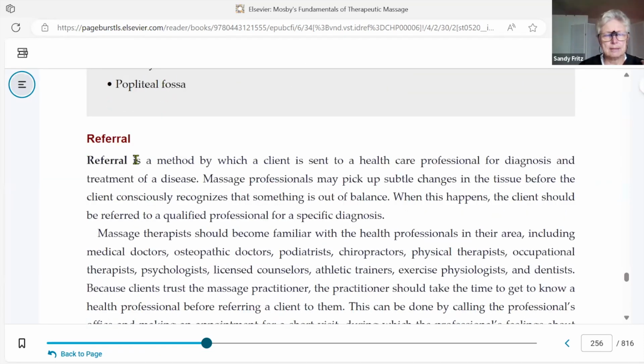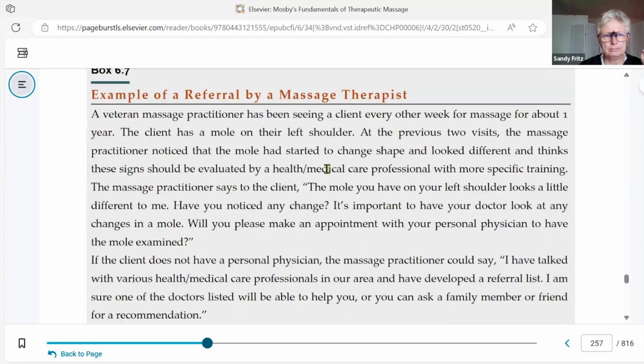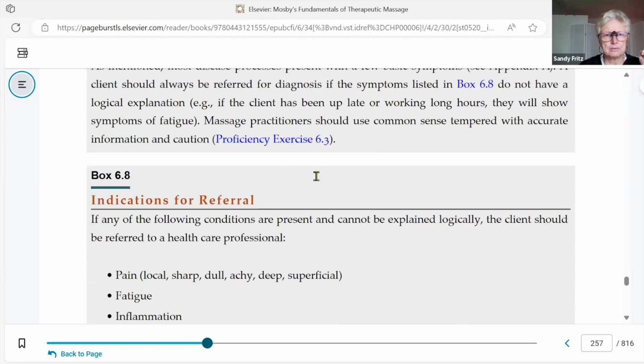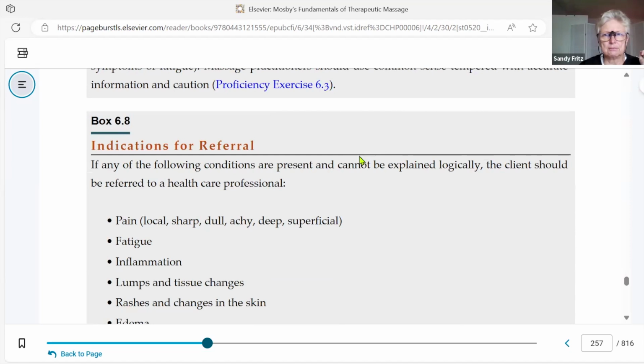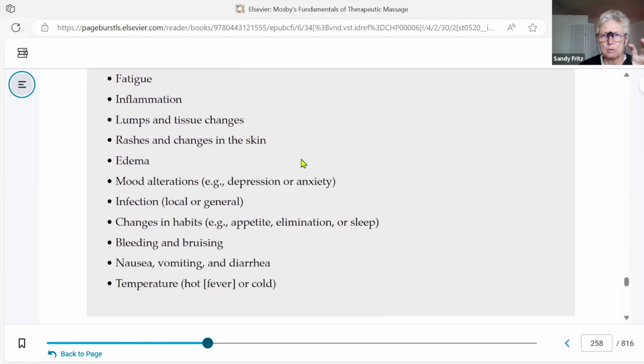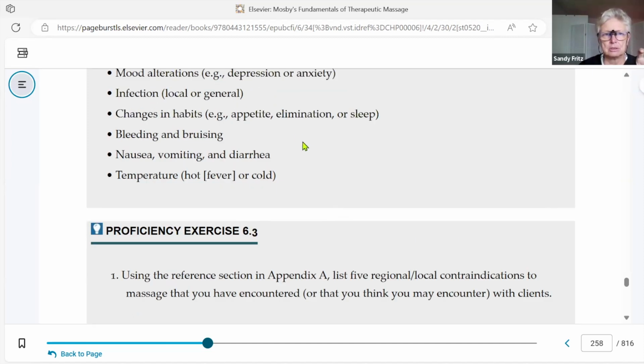Okay, the next segment here is going to talk to you about recommendations for referral. Gives you an example here. Always focus on professionalism. Here's kind of a consolidated list for potential referral, especially if it is not understood, if it's not logical.